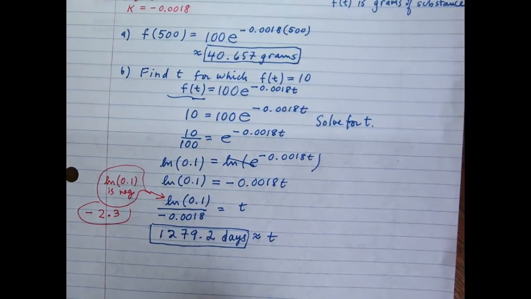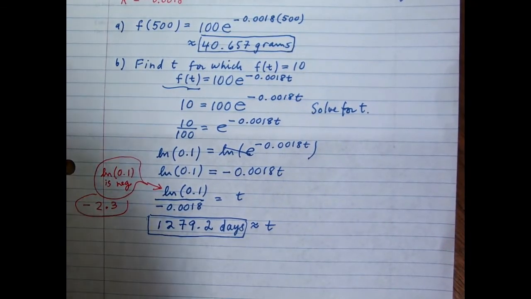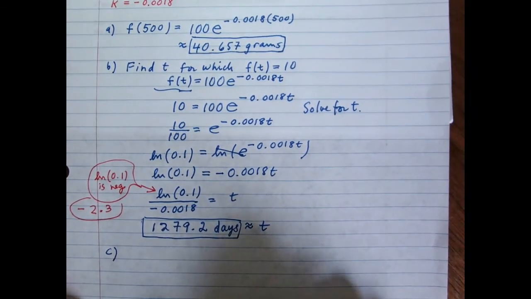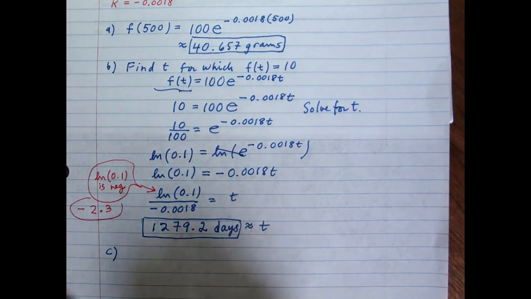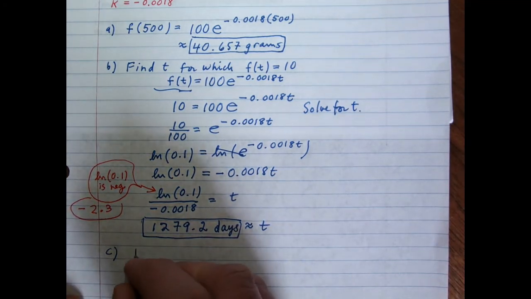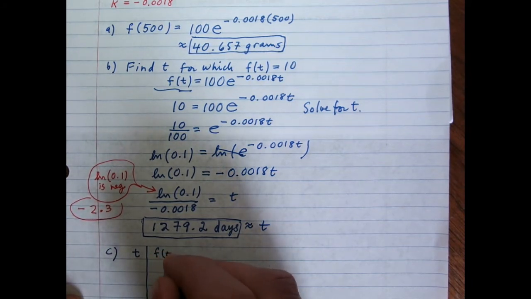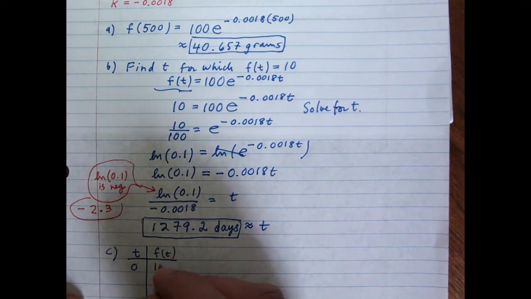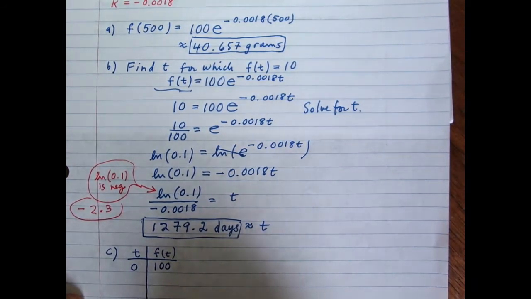And there are several parts to this question. Part C is how many days does it take for the sample to decay from 100 grams to 50 grams. If we set up a table here, t, f of t. We know at time 0 we have 100 grams.